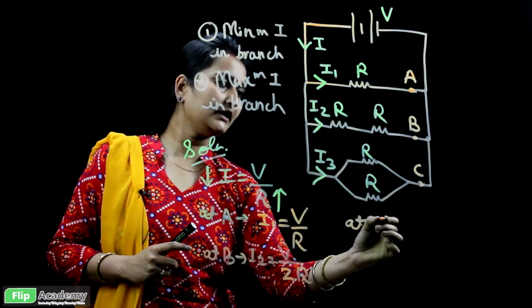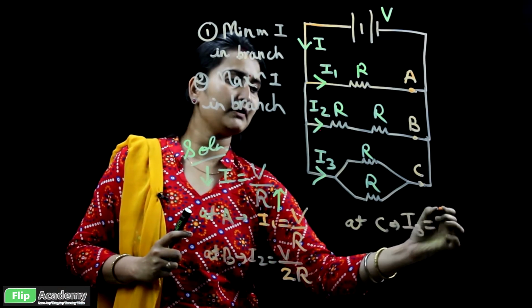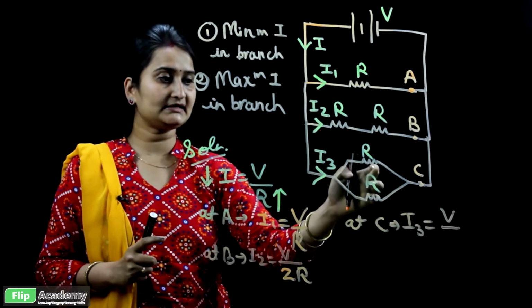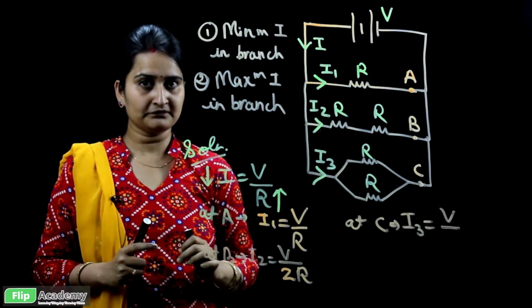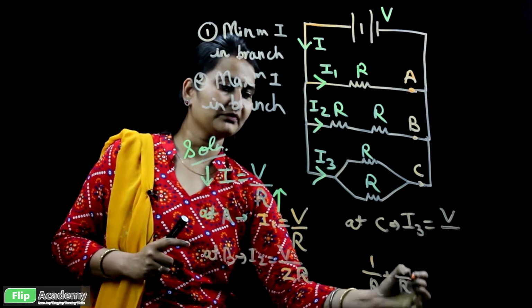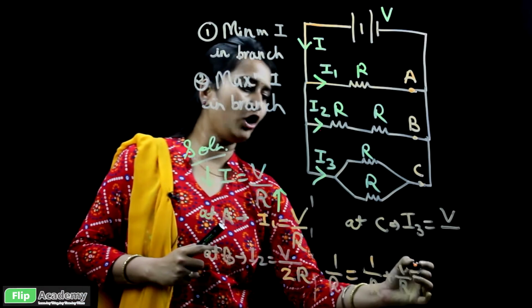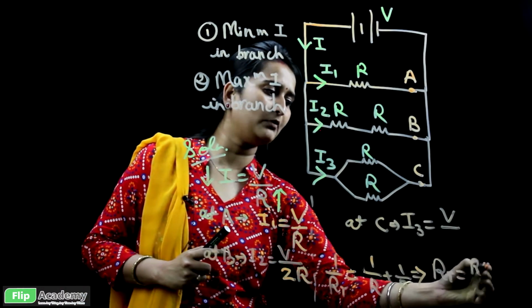Next, in C. In C, you have to find I3, which becomes V upon the total resistance. What is the total resistance in this branch? 1 upon R plus 1 upon R. So, solve for total resistance. On solving, you will get RT is equal to R upon 2.